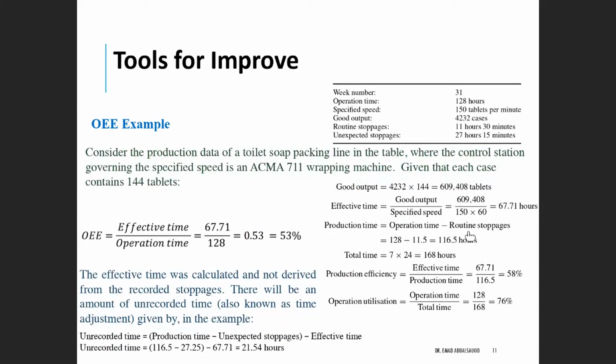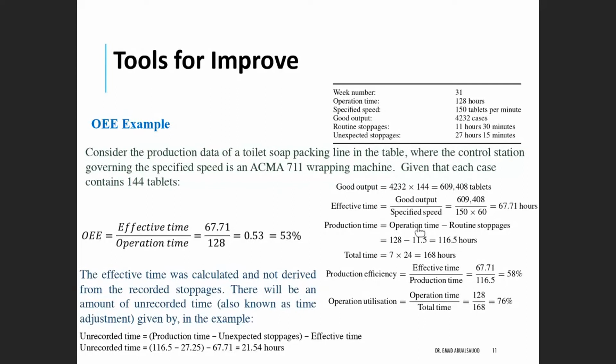When we exclude the routine stops from the operation time, we say the production and operation times are very close. The only difference is that in the operation time you have the routine stops, which are considered like the setup time or prayers or whatever.